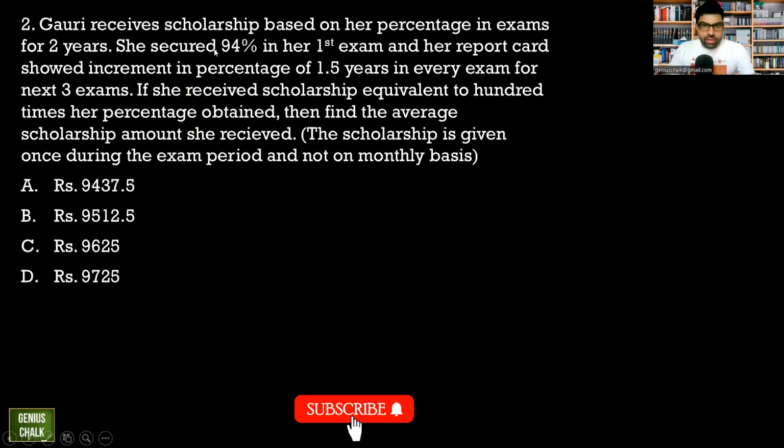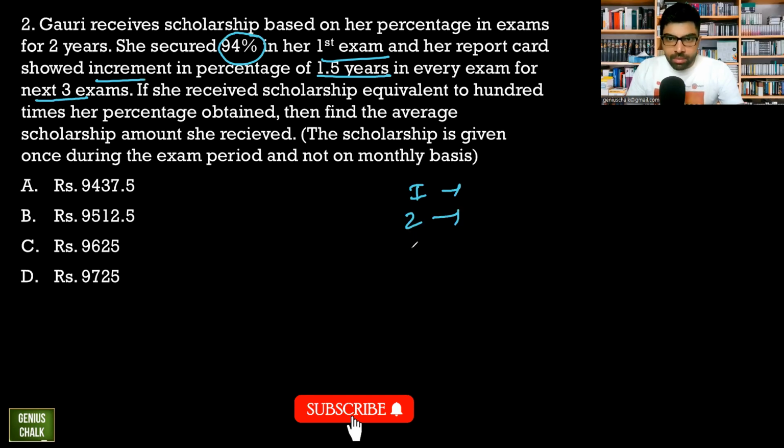Second, Gauri received scholarship based on her percentage in exams for 2 years. She secured 94% in her first exam, and her report card showed increment in percentage of 1.5 in every exam for the next 3 exams. So there are actually 4 exams which Gauri is giving: first exam, second exam, third exam, and fourth exam, right?